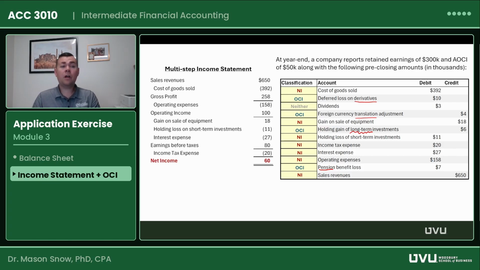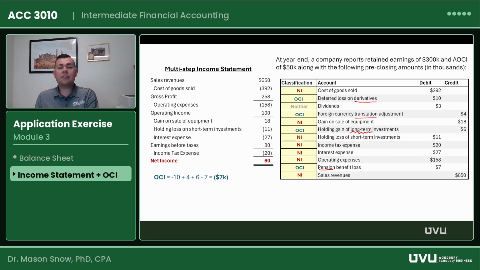Well, very good. We've now solved for net income. To get at other comprehensive income, you're just going to take the sum of all of those OCI items. Now, they're equity accounts. Every last one of them is an equity account. So credits reflect increases to that income, debits reflect decreases. So on balance, we have more debits than credits.